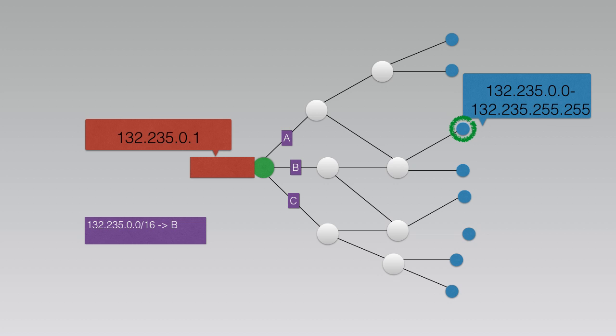Since the information is no longer carried in the address, is not part of the addressing anymore, we need to get that information to the node. And that's another place where routing plays a role in addressing. We need to get this information about that /16 to the node somehow. Again, that's a subject of routing protocols and network configuration, and a subject of a future video.